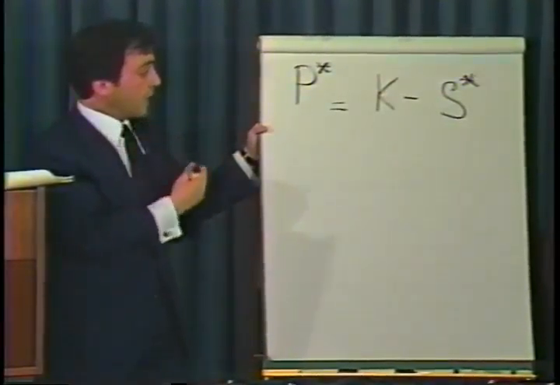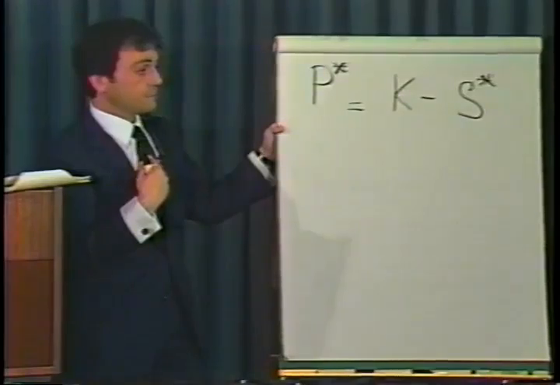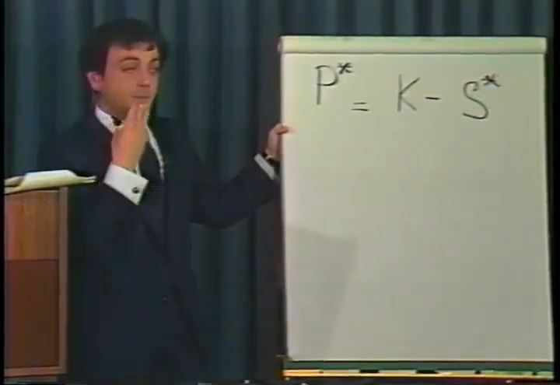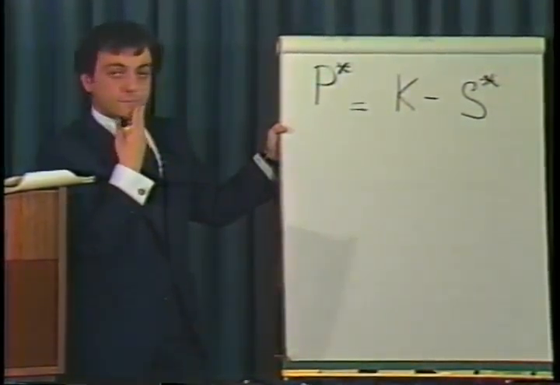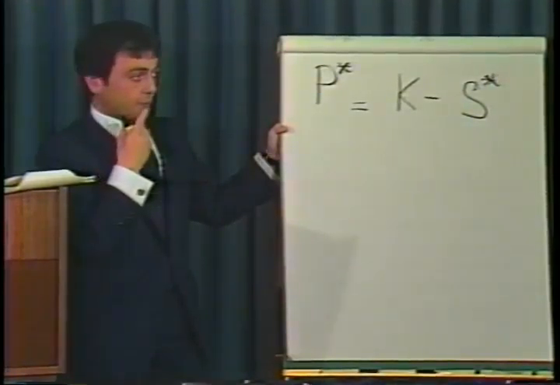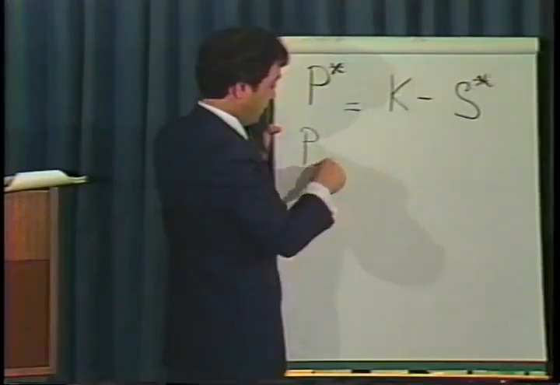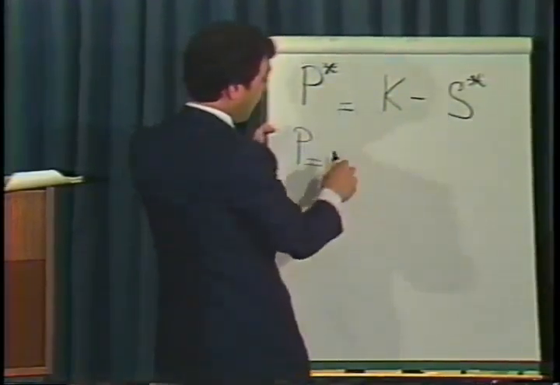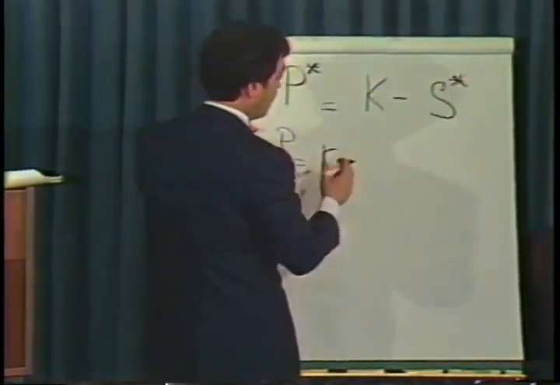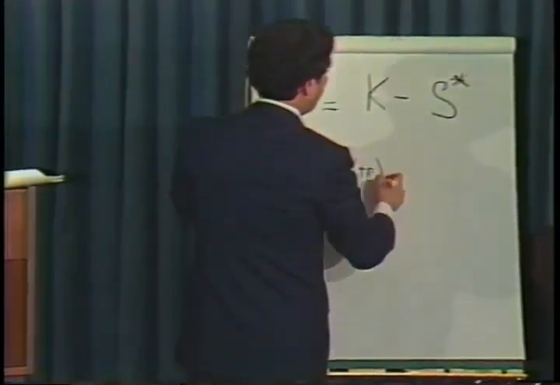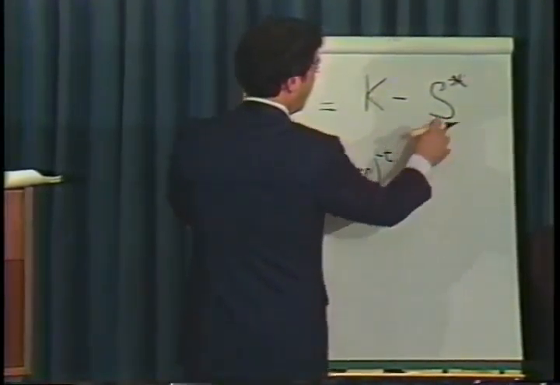Okay. And how do we bring that to the present time? Discounted. Okay, so we discount K. So we say K into 1 plus R to the minus T. And how about this?